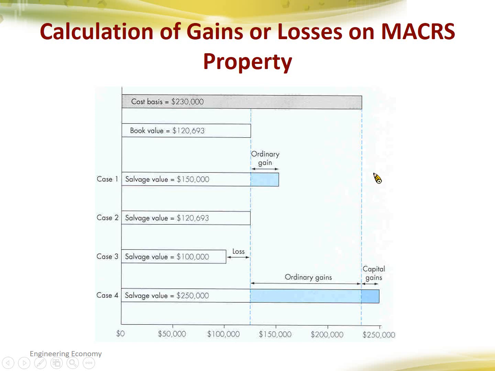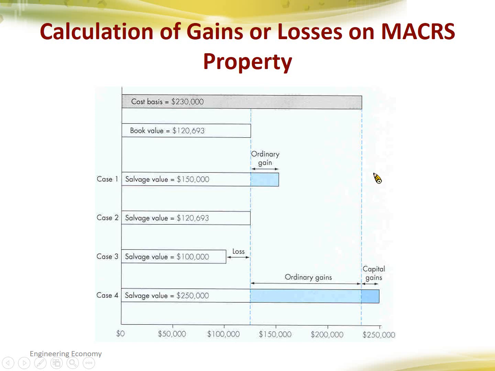If the salvage value is less than 150, then it's okay. Oh no, this is the salvage value side. And if it's less than this value, then we can claim a loss, so our taxable income can be reduced and we pay less income tax.